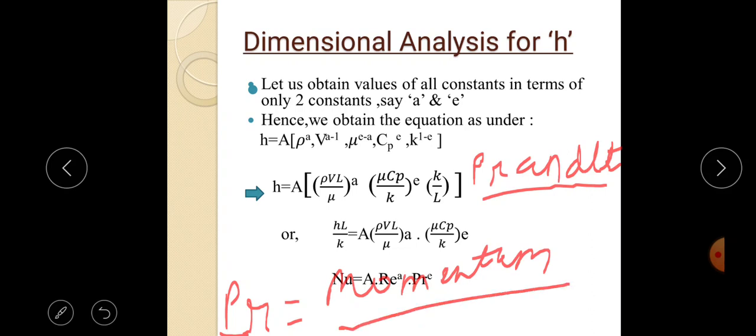Momentum diffusivity we can write as nu, the kinematic viscosity, and thermal diffusivity as alpha. Of course, momentum diffusivity we can write in terms of kinematic viscosity.